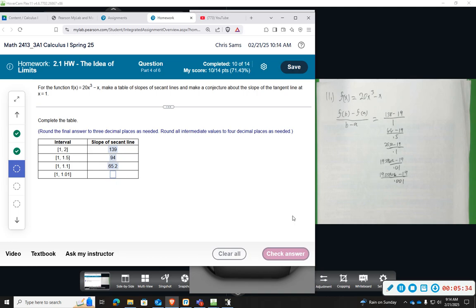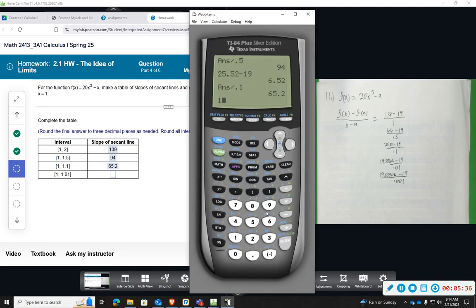When we do the 19.59602 and subtract the 19, and we divide by 0.01 this time, that gives us 59.602.